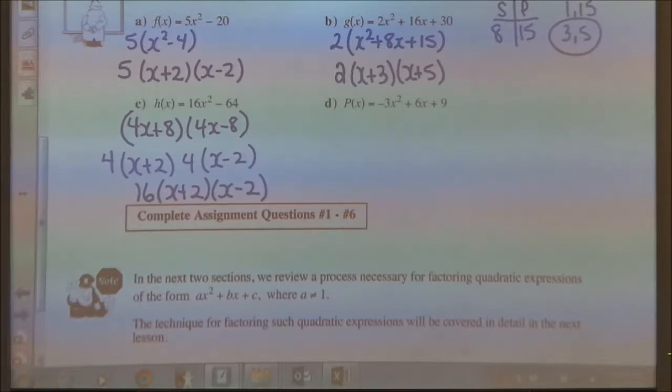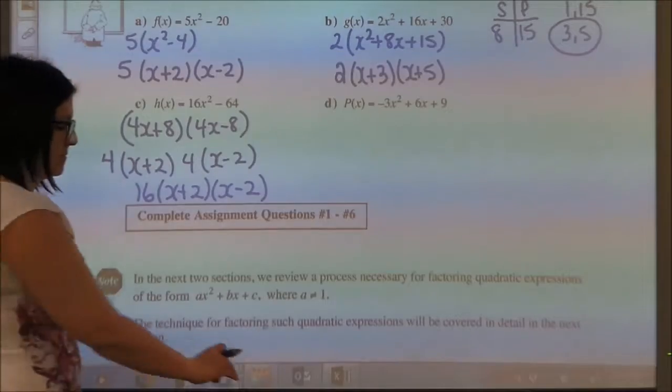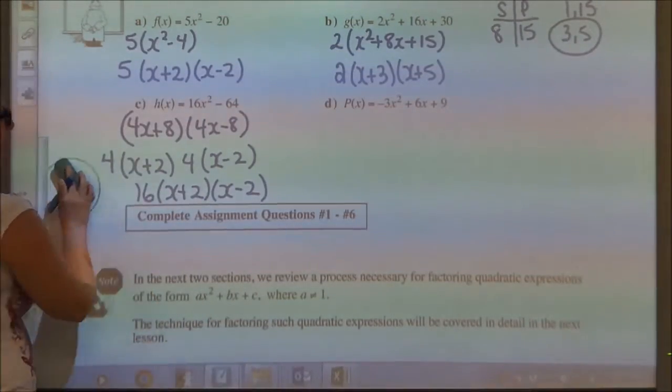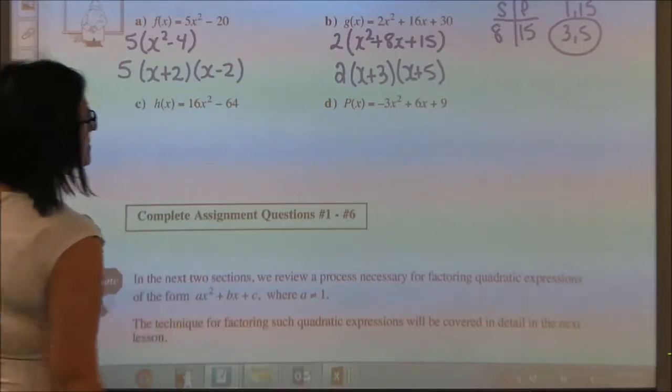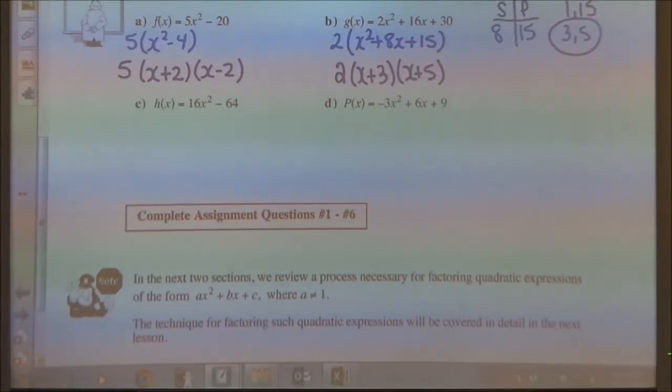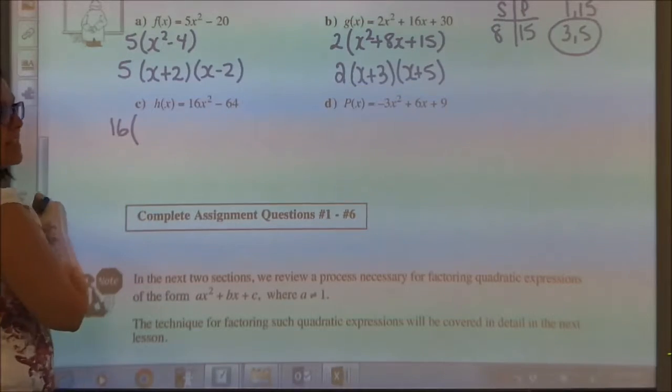So if you need to pause so that you can write this down on the side, because I'm going to erase this and show you another way that you could get to this answer. Okay, so I'm going to erase this. If we're always making a practice to look for a common factor, 16 and 64 can both be divided by 16.